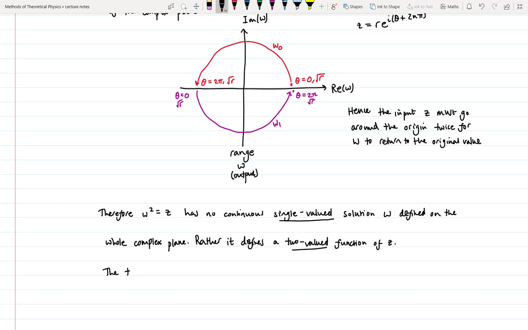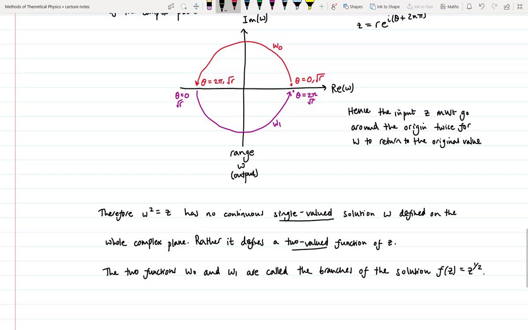The two functions w0 and w1 are called the branches of the solution f of z is the square root of z.